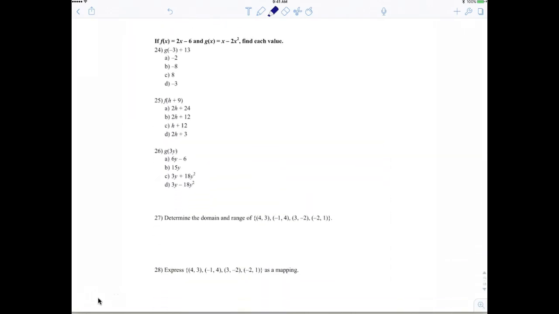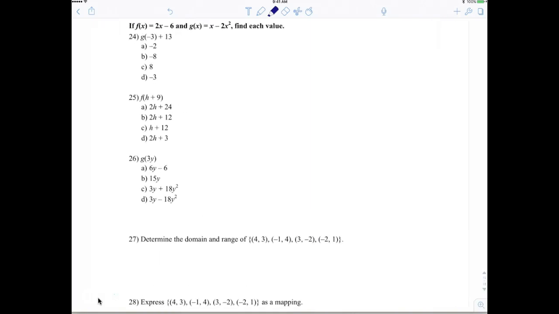Now it looks like we have a new set of functions. 25 is the one that I didn't get an opportunity to talk about on your homework, so I want to make sure you understand. That just means plug h plus 9 in for what? For x. Brilliant. Into the f function. So again, this has to go in for x. Now what's going in for x? h plus 9 is going in for x.